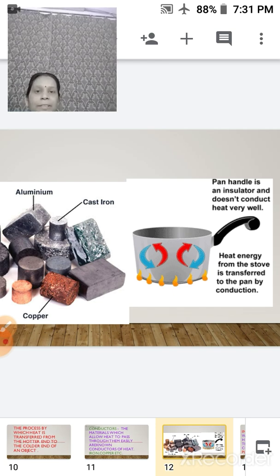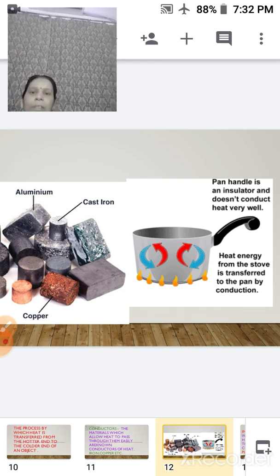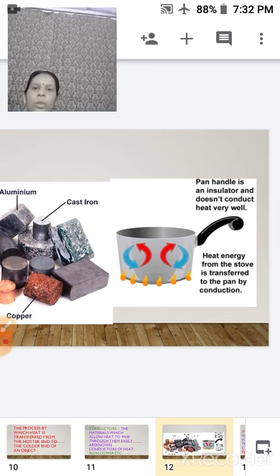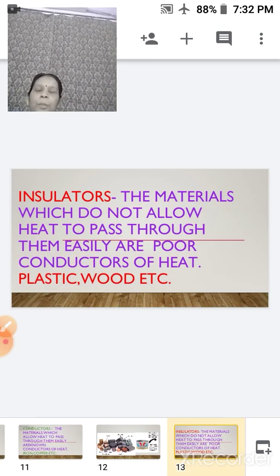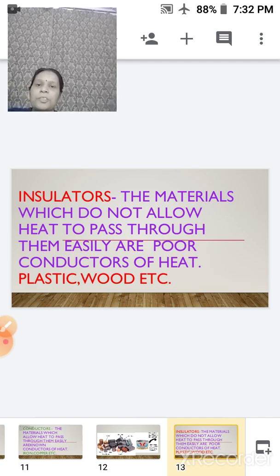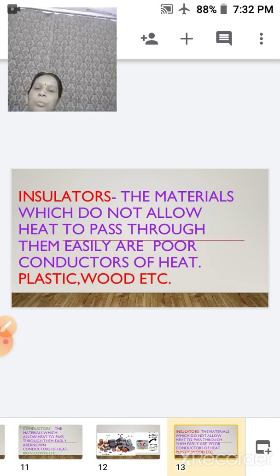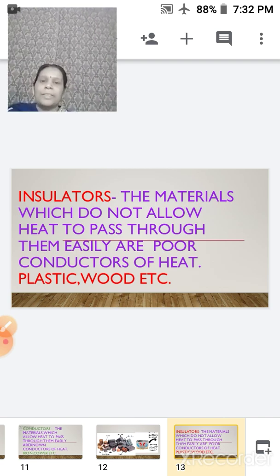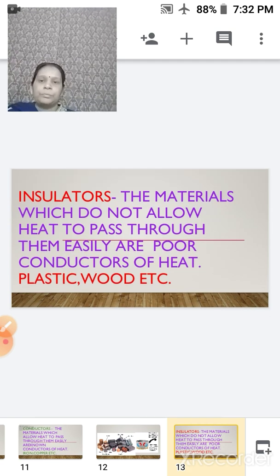But since the handle is plastic, here the flow of energy will not take place. So we say such type of material which does not allow the heat to pass through it easily are poor conductors of heat, and these are your plastic, wood, etc.